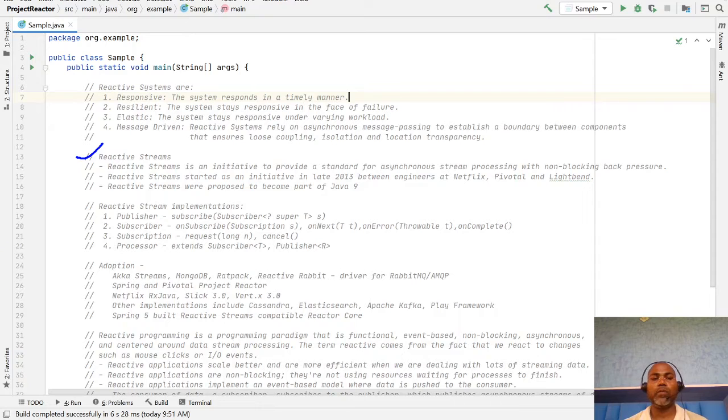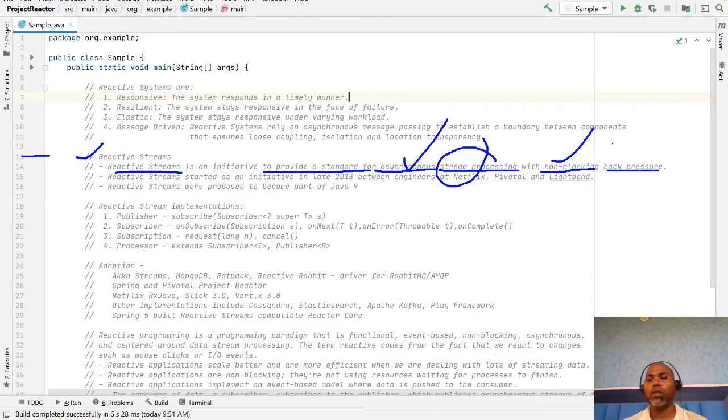The reactive stream specification provides a standard way for asynchronous stream processing with non-blocking and back pressure. These are the key features: asynchronous stream processing, non-blocking, and back pressure. We will discuss these features in detail.